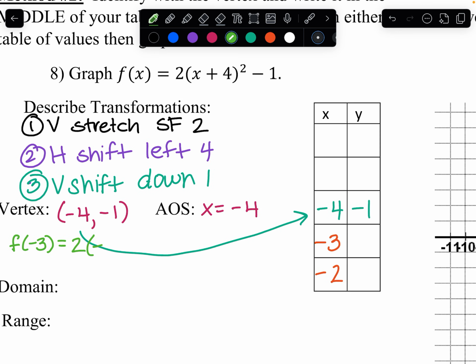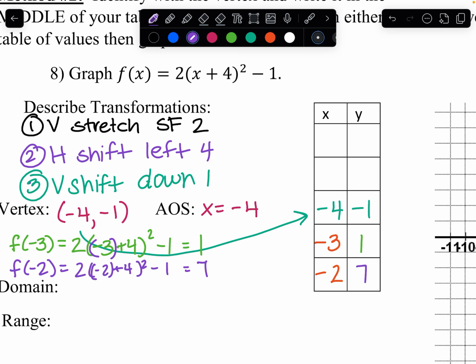So 2 times -3 plus 4 squared minus 1 is 1. And then you find f of -2. So 2 times -2 plus 4. Now, technically, we should have extra parentheses because whenever we replace a variable, we should have parentheses. So 2 squared is 4. 4 times 2 is 8. 8 minus 1 is 7.